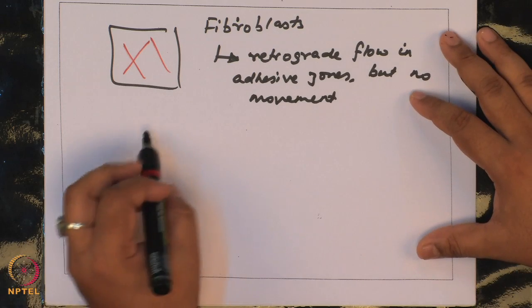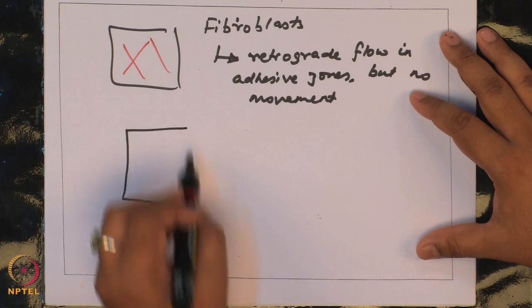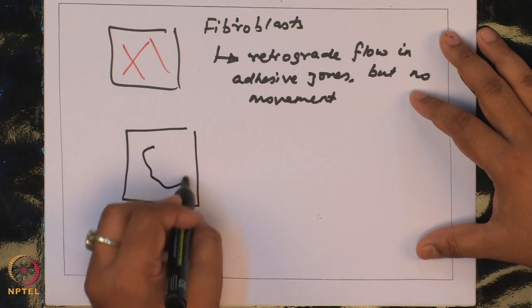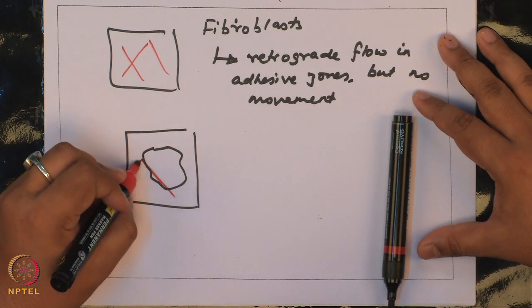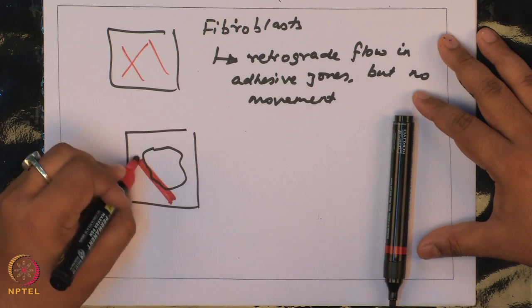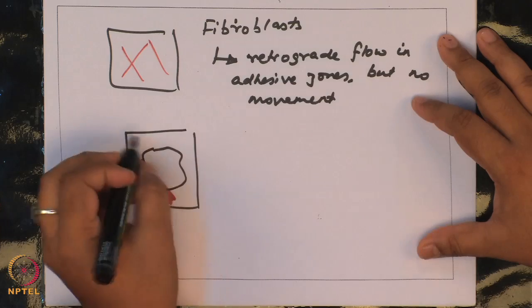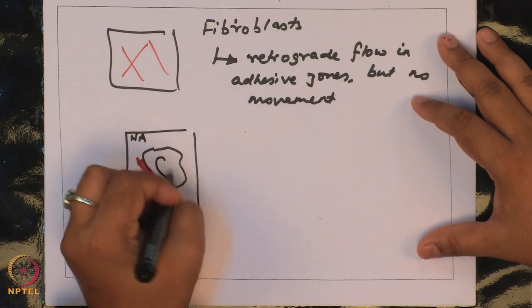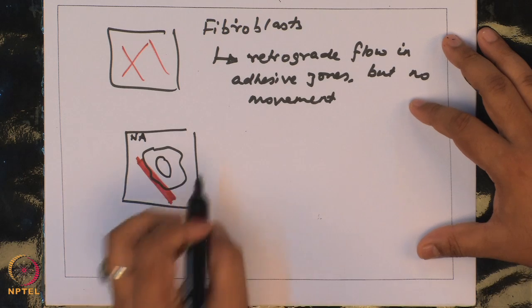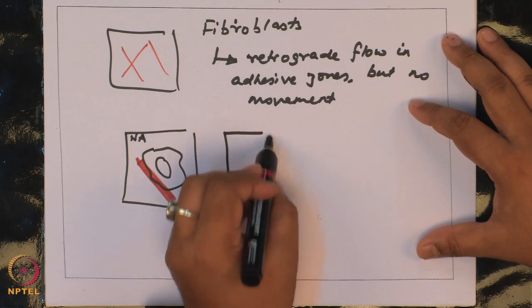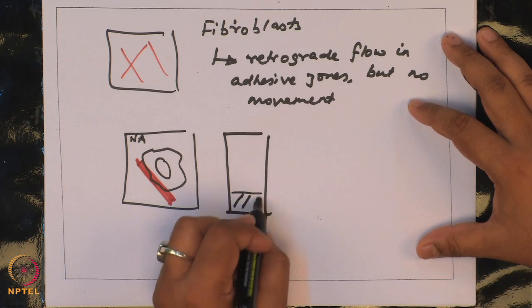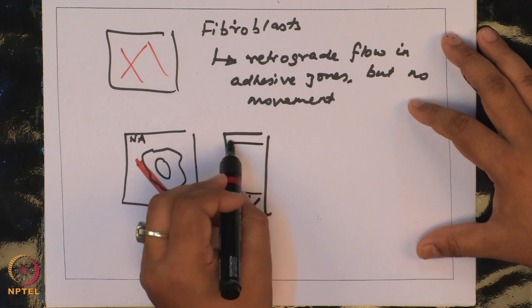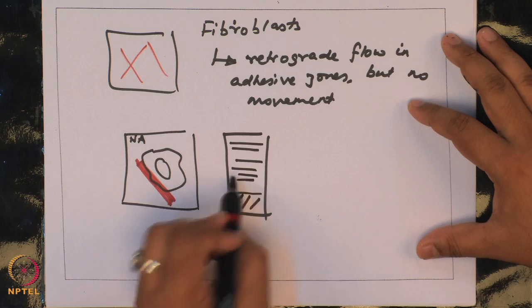Let us assume I zoom in on a cell. Let us say this is a cell, and this edge is an adherent spot and the background is non-adherent. If you plot the kymograph, what you will find is there is a zone in which you have retrograde flow, but in the other zones your retrograde flow is flat.